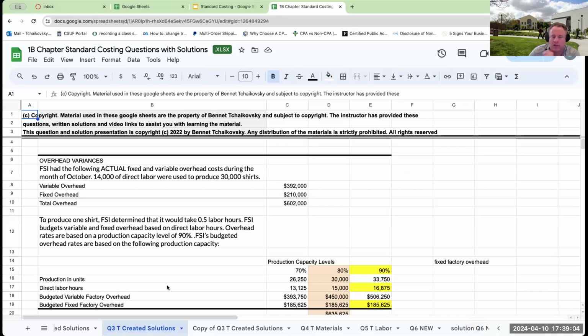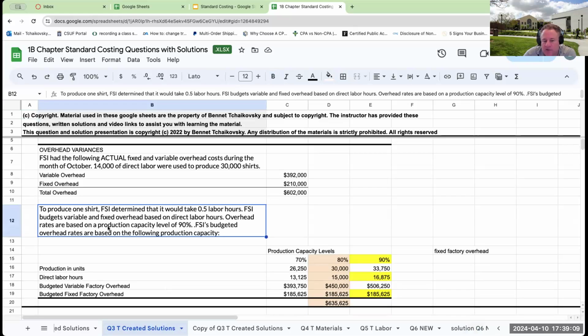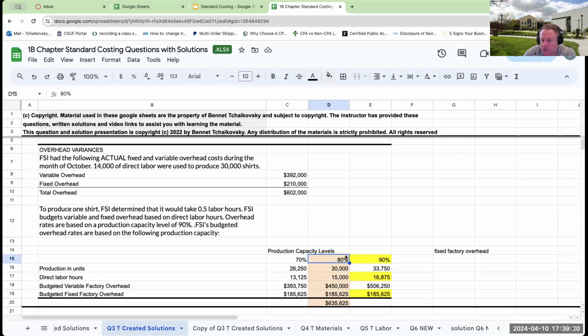If I look at this question right over here, these overhead rates were based on a production capacity of 90%. But for this particular question, we were at an 80% level.